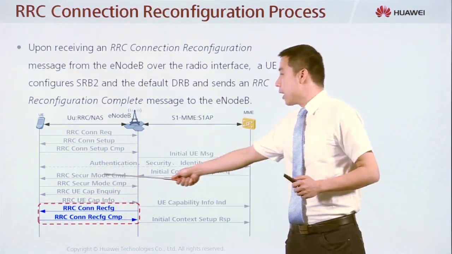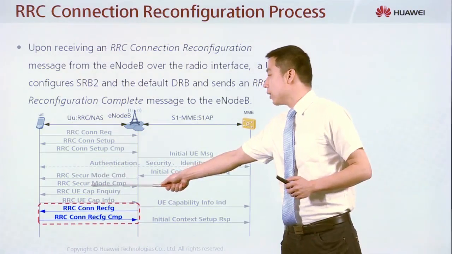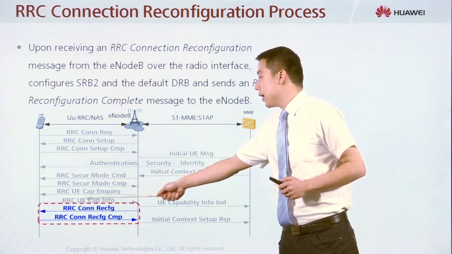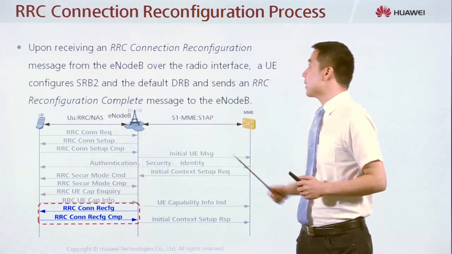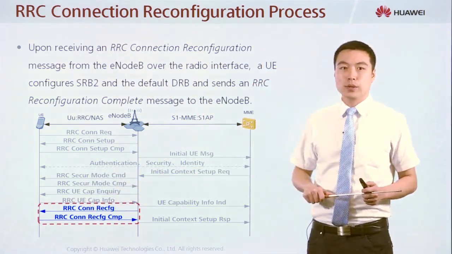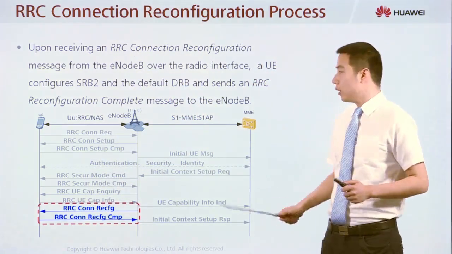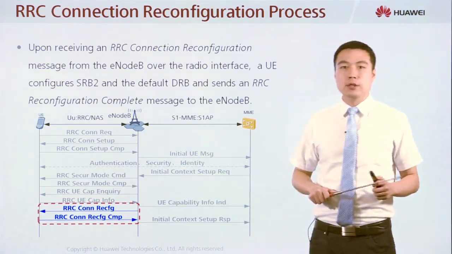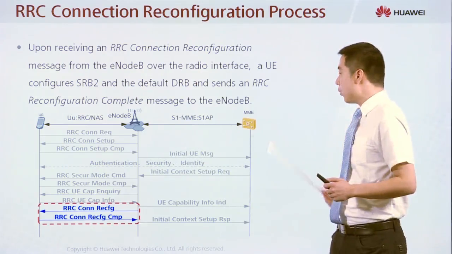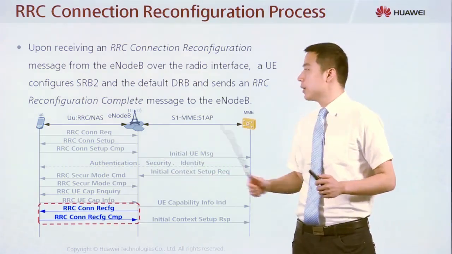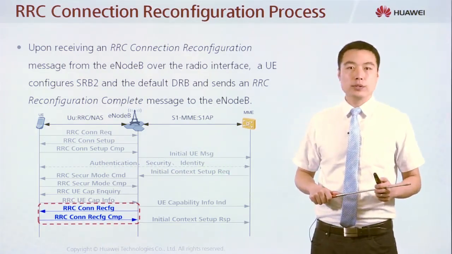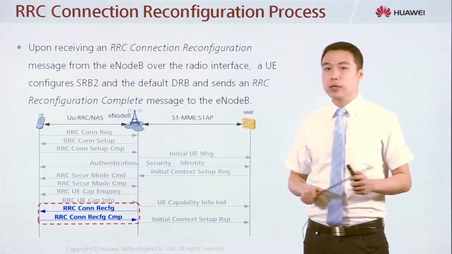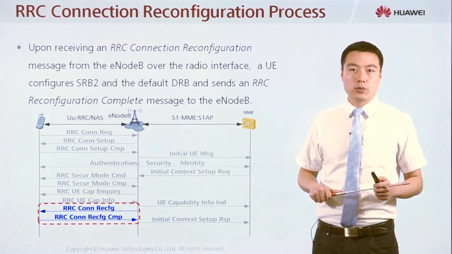After the RRC security mode and the UE capability inquiry, after these 2 procedures, we will start the RRC connection reconfiguration procedure. I just mentioned, if the MME asks the eNode B to set up the default bearer, the MME will tell the QoS information related to this default bearer to the eNode B. And the eNode B will allocate the radio resource based on the QoS requirement.